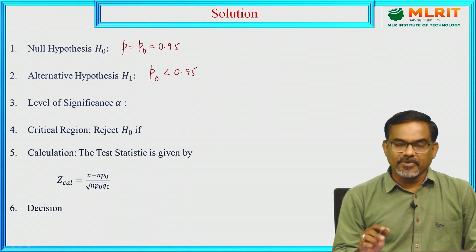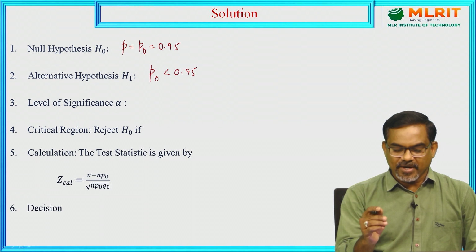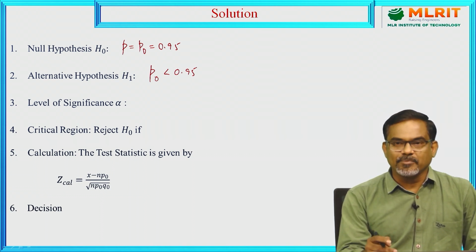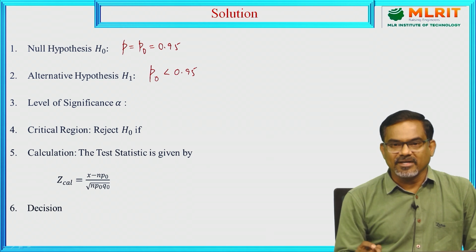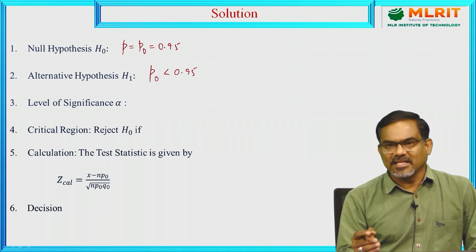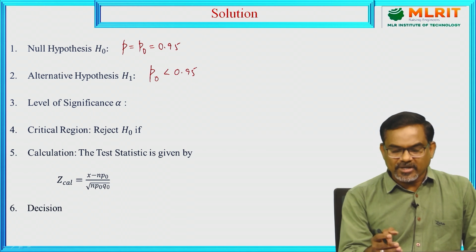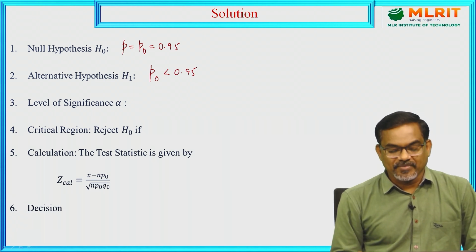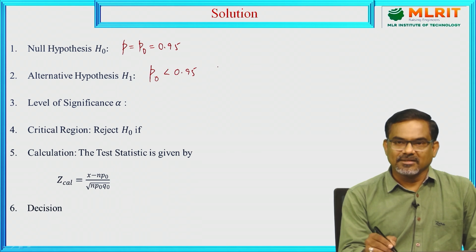For example, if you consider greater than type, the manufacturer's claim is out of 100, 95 stabilizers are good. If we consider alternative hypothesis greater than 0.95, how can we reject that? If the alternative hypothesis is greater than 0.95, his product is good for more than 95%. That is why we cannot take greater than type.